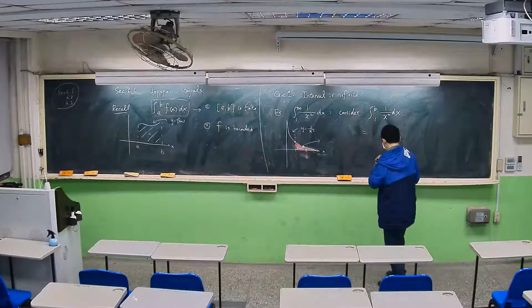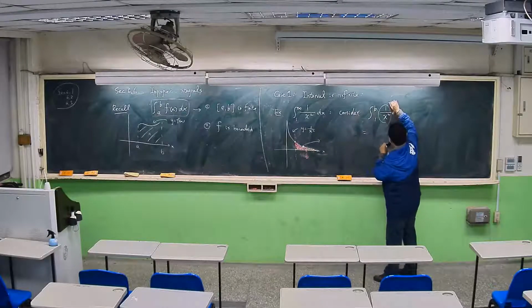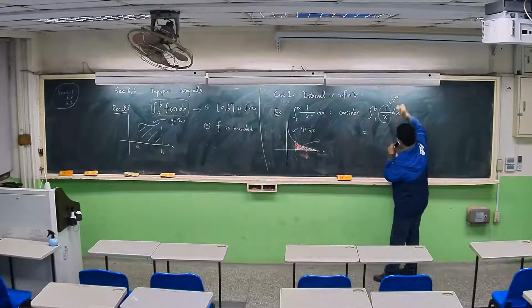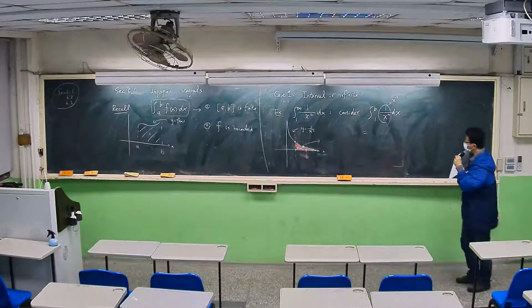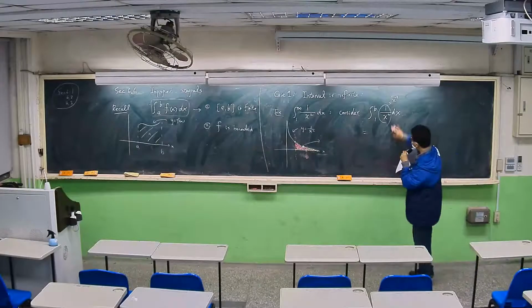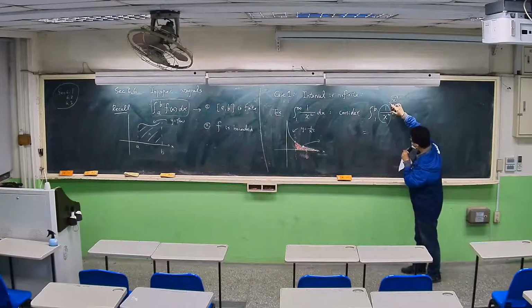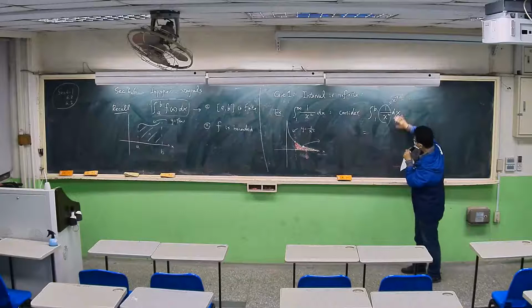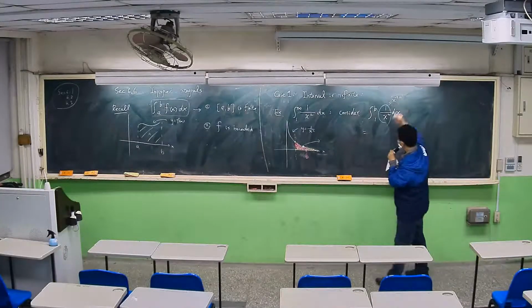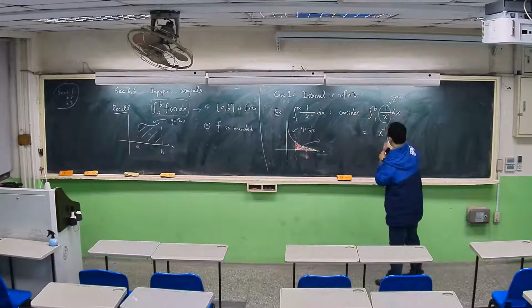So what's this? 1 over x squared, we could write it as x to the power negative 2. Using the power rule, when we consider a derivative, we put down the power and subtract 1 from the power. But when we consider the integral, we add 1 to the power. So plus 1 is x to the power negative 1.